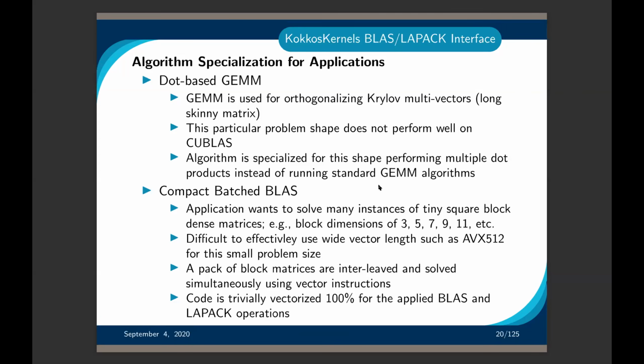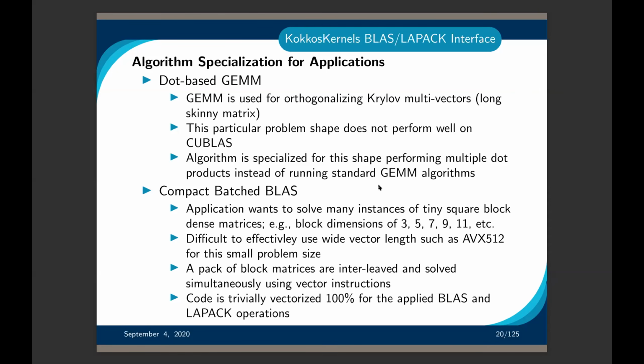And this particular operation does not perform well on cuBLAS because the matrix shape is skinny and long, but usually cuBLAS or vendor libraries perform very well on relatively large matrices. So we provide the dot-based GEMM, which just changes the internal algorithm using the dot product inside.